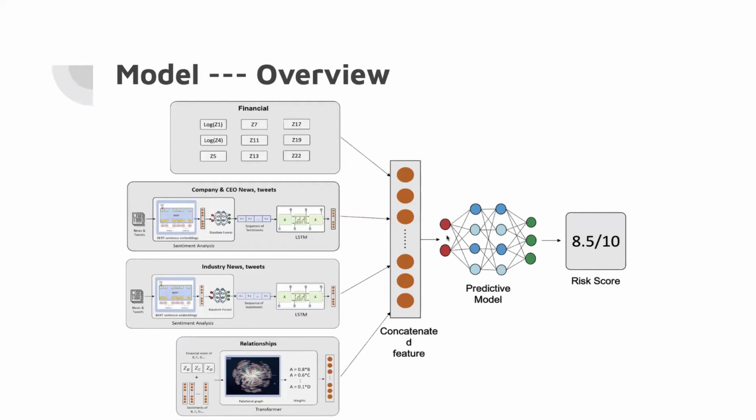In this step, the model we use is XGBoost, which is a linear regression model. After that, we get the training model, and then we can use the training model to predict our data. And in the end, we will get a risk score. After that, investors can use this risk score to judge whether they want to buy the stock of the company or not.